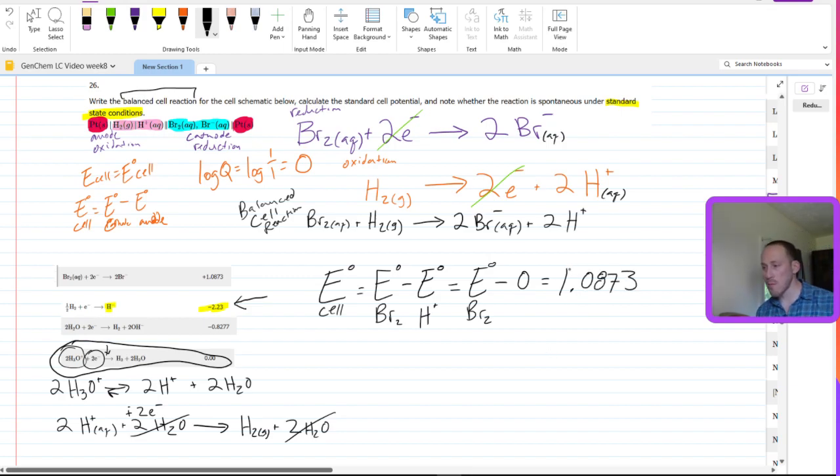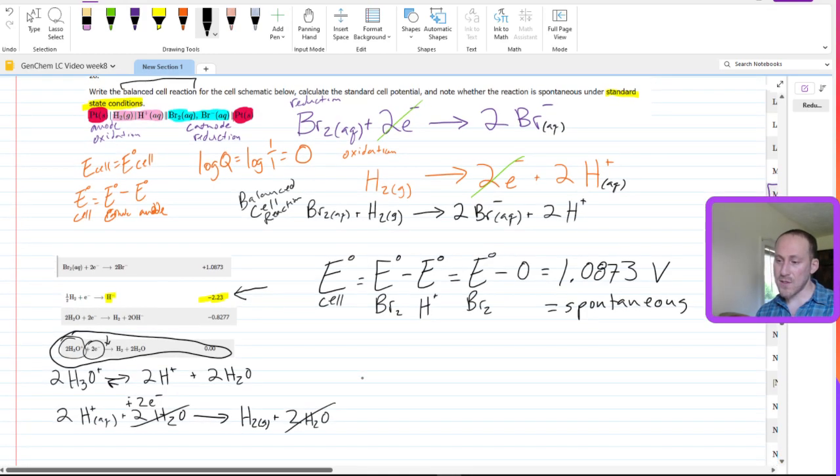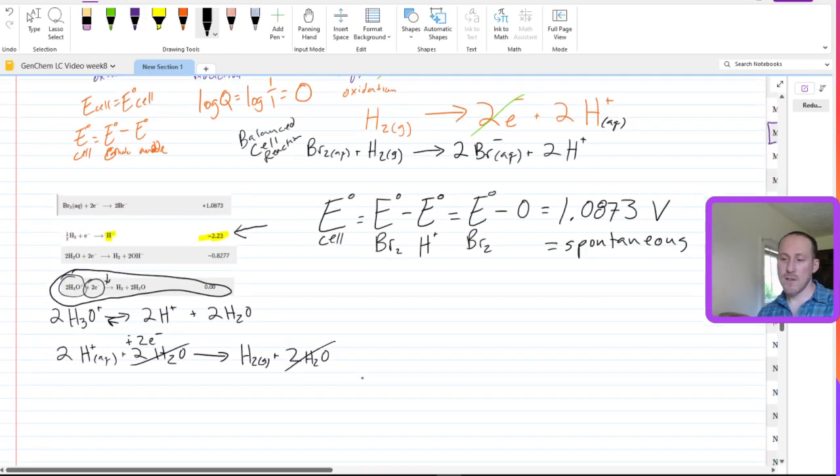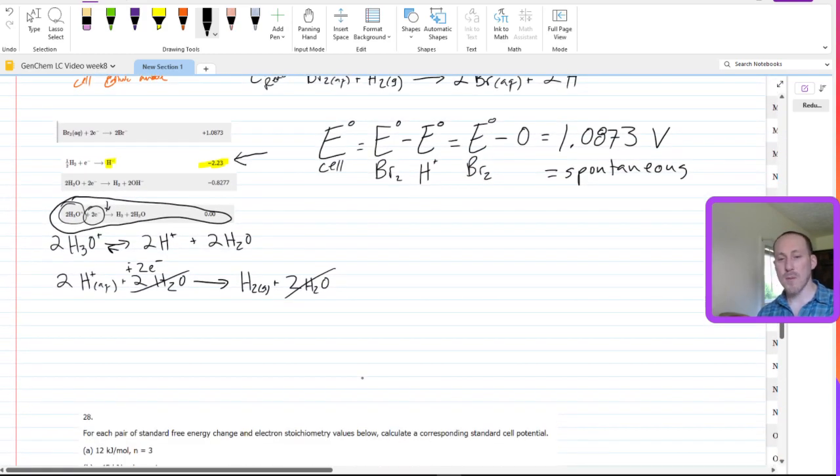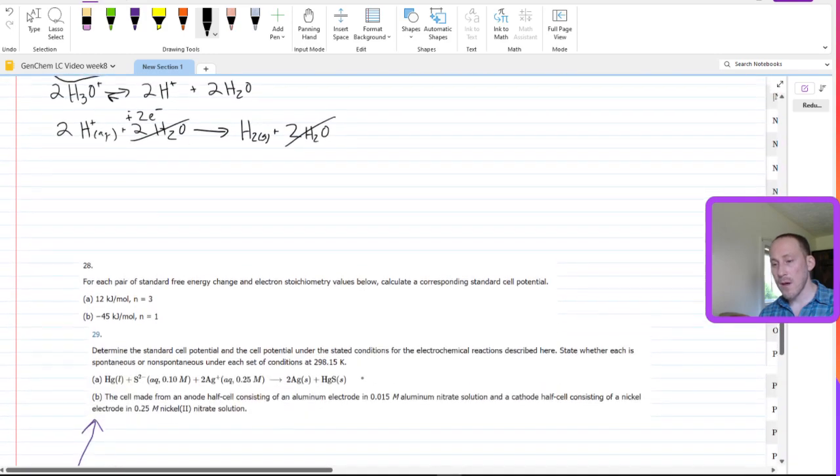As long as they're both 1 molar, that's what you're going to get from this, which equals spontaneous at standard conditions. If you wanted it not to be spontaneous, and you wanted to maintain these details otherwise, you would have to change the concentrations of things. It would probably make it not spontaneous.